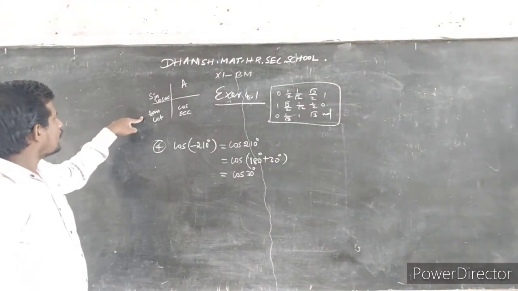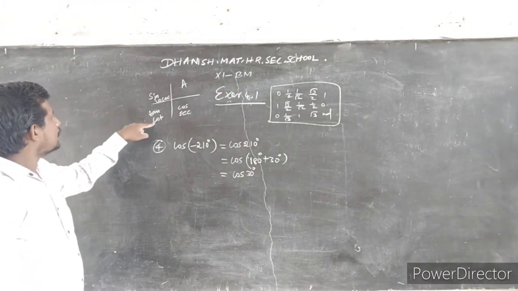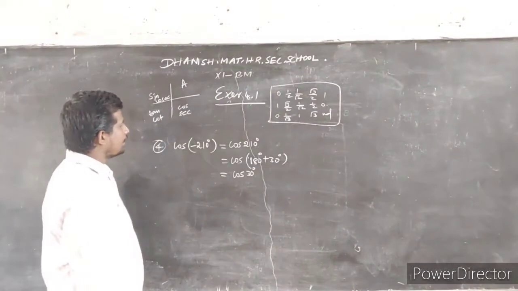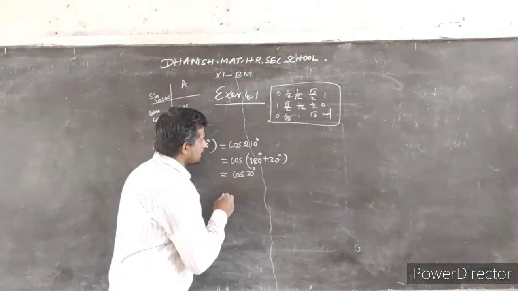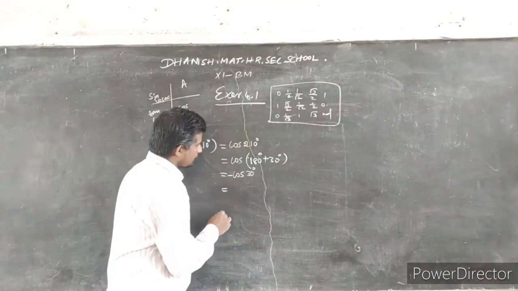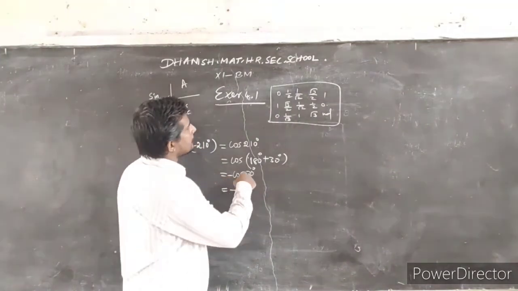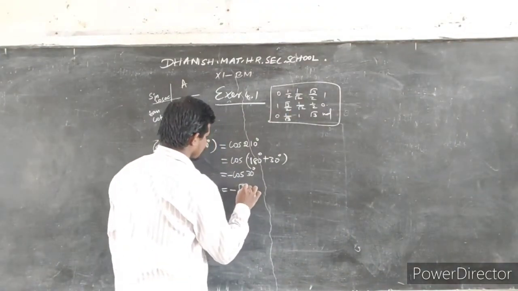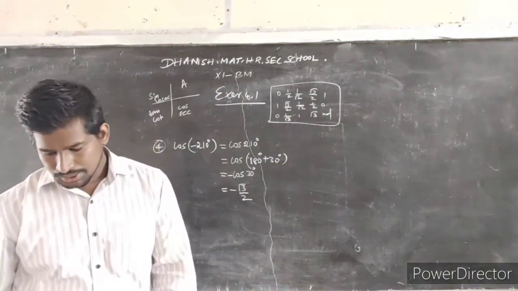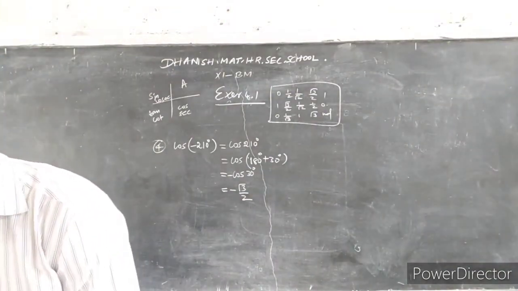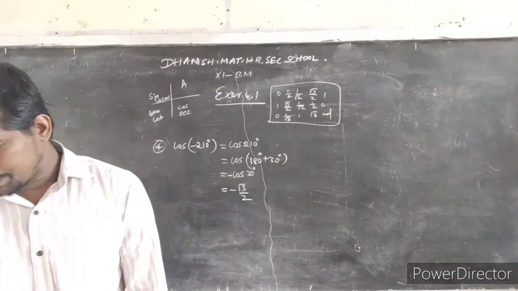In the third quadrant, tan and cot are positive, remaining are negative. So here we are having cos, so this is minus cos 30. Minus root 3 divided by 2 is the required value.